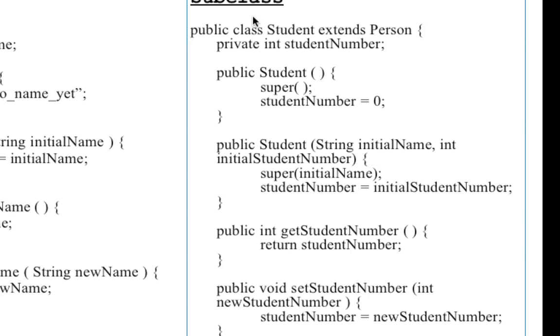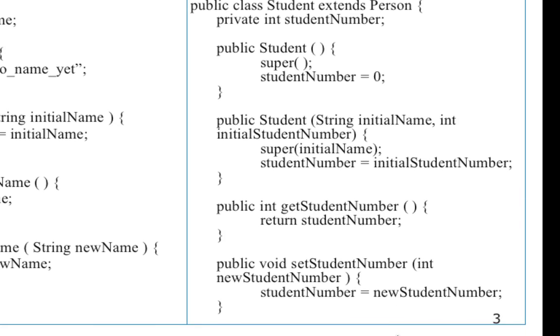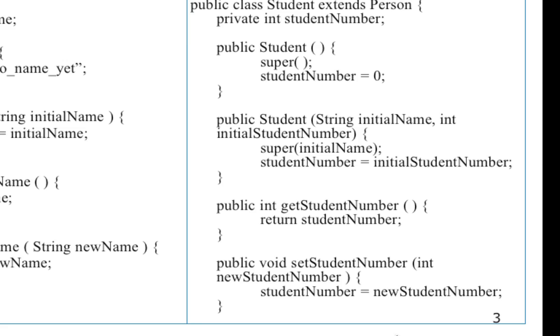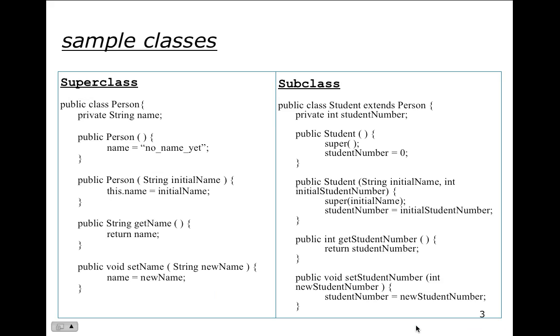This is interesting because we're sending it initialName, saying this is the one we're talking about. It's a shortcut way of setting that variable in this particular constructor. And then set the student number, get the student number, void setStudentNumber, the accessors and the modifiers, as we've already seen.